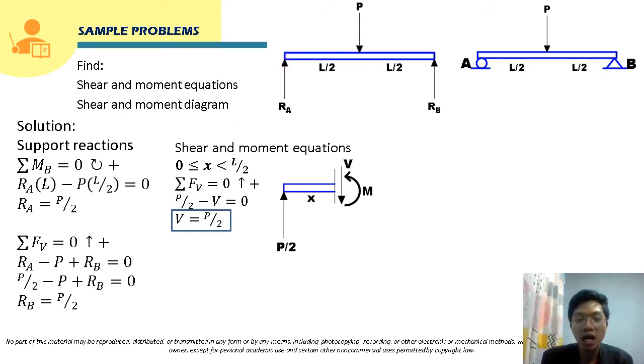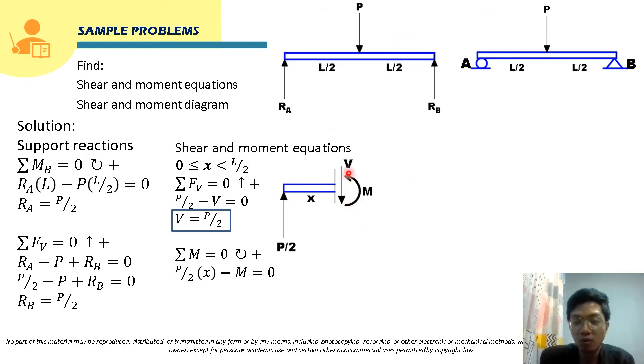Then for the moment, we take moment at the section where we cut the beam, to cancel the shear force. Summing up moment equal to 0, clockwise rotation will be positive. So P over 2, its moment will be P over 2 times x, and its rotation is clockwise, that's why it's positive here.